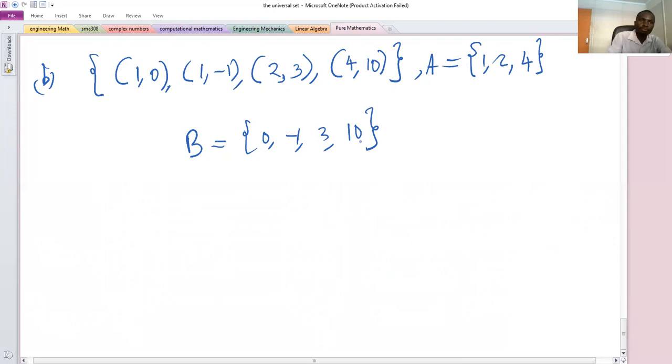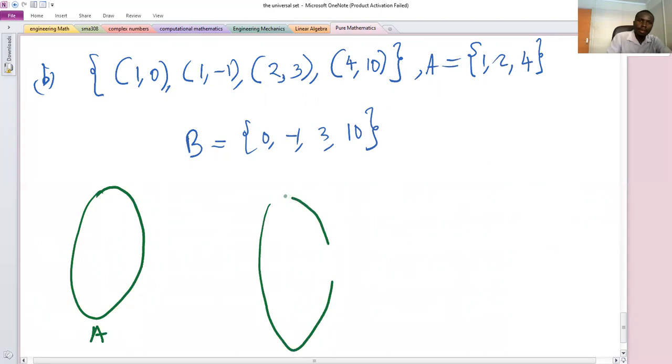So what you do, you try to sketch these two sets A and B. Set A has elements 1, 2, and 4. The other one has 0, -1, 3, 10.